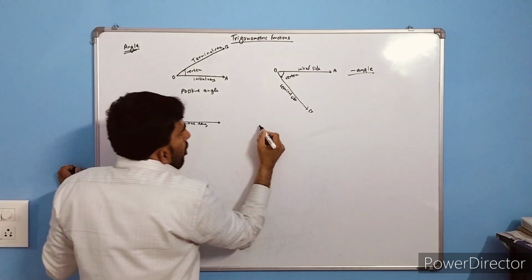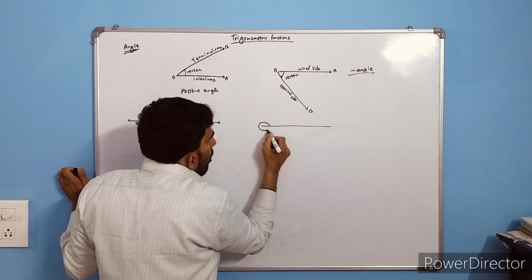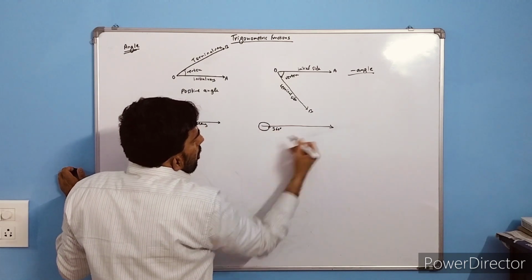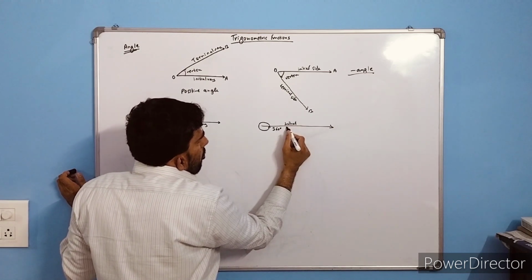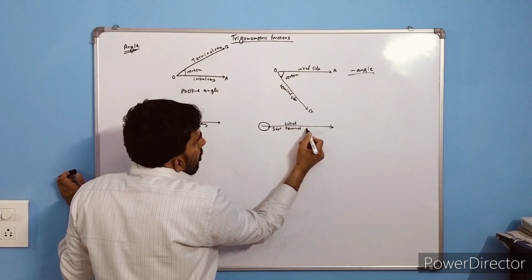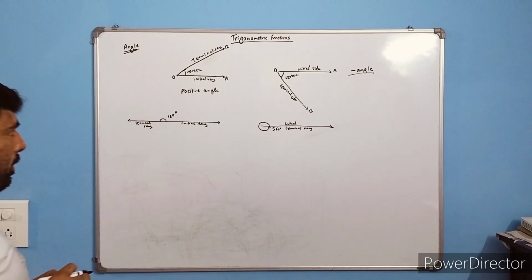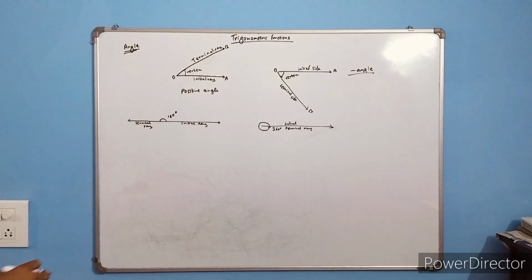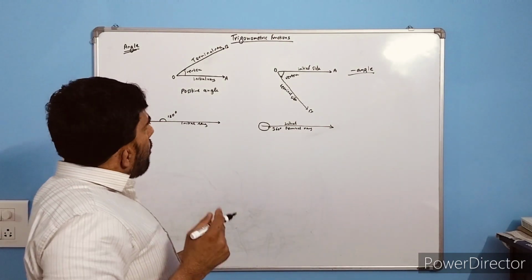Or you can take like this also, 360 degree, from initial to terminal. So you can see 180 degree, 360 degree, that's the amount of rotation from the initial point. So we can easily measure the angle.